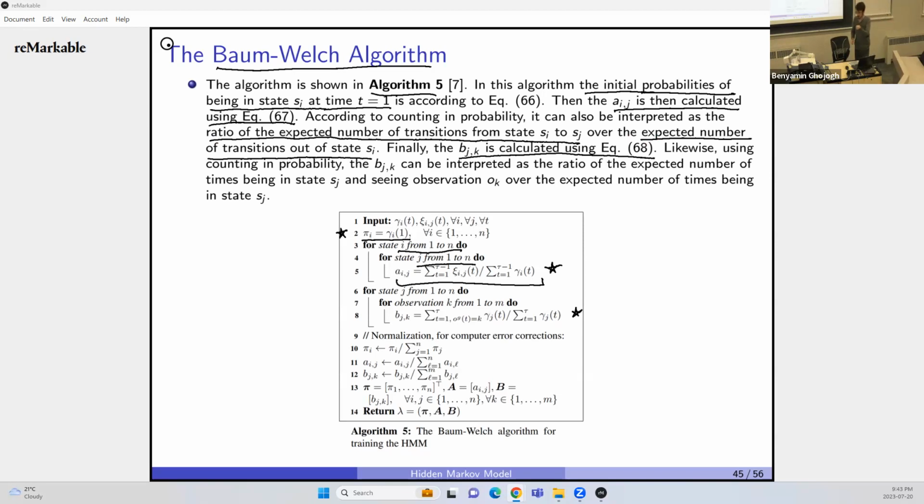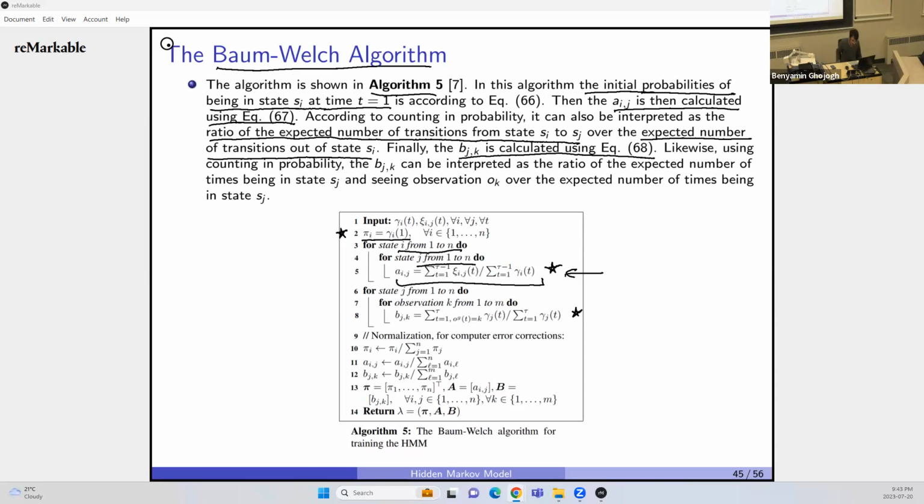You say the probability of something occurring is how many times it has occurred over the number of all possible occurrences. It's the expected number of transitions from a state Si to a specific Sj, over the denominator, going from Si to anything, to all states, right?